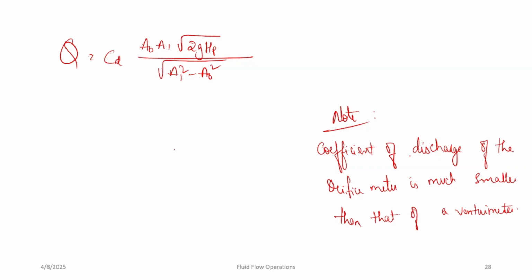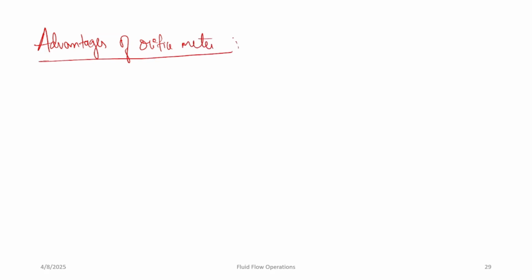So now what are the advantages and disadvantages of orifice meter? First, let's see advantages of orifice meter. Okay. So it measures a wide range of flow rates.